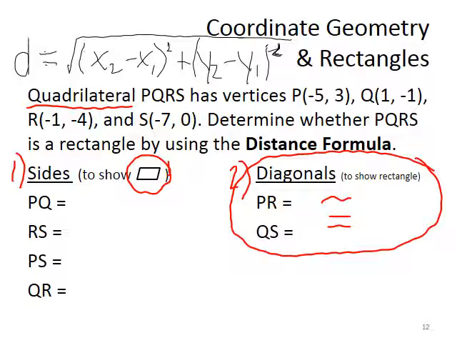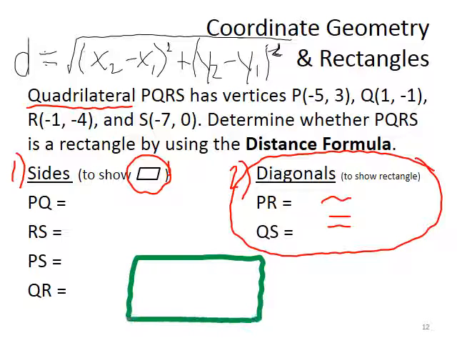So for part 1, when we're looking at distance, we want to know if opposite sides are congruent or not. So we kind of have to visualize PQRS on the coordinate plane. What is that going to look like? So when we label PQRS, we can see where the opposite sides are, as well as where the diagonals would be.